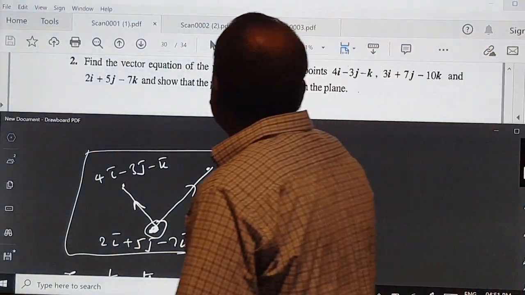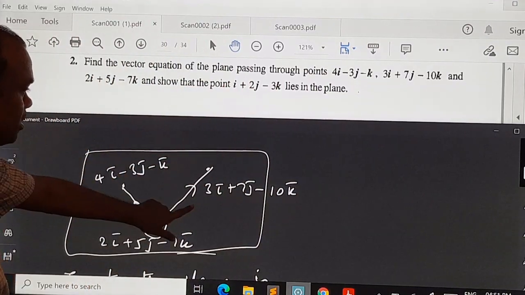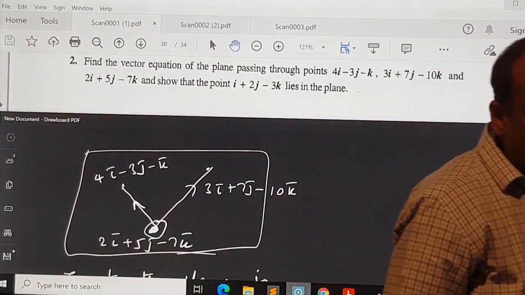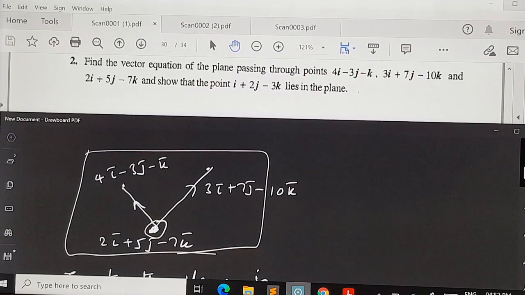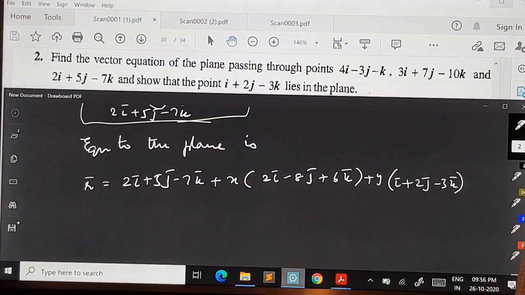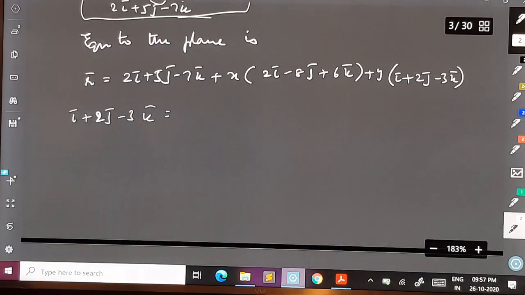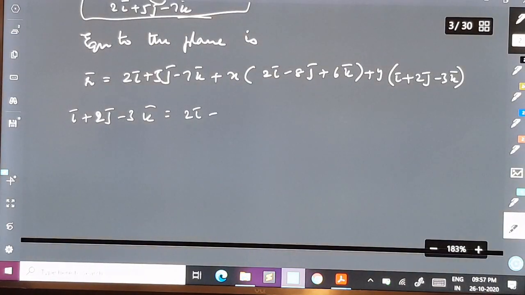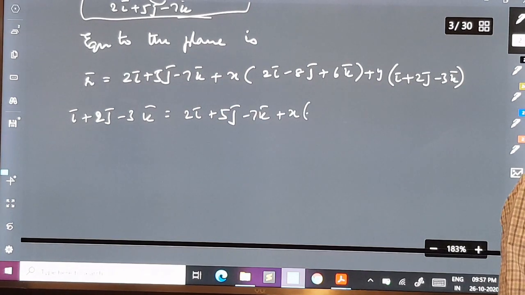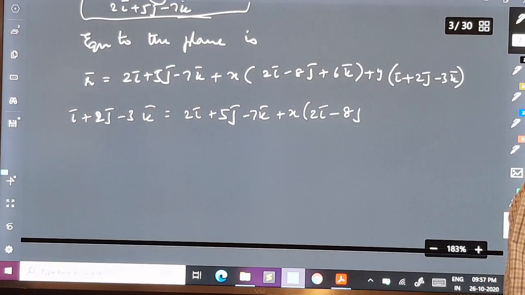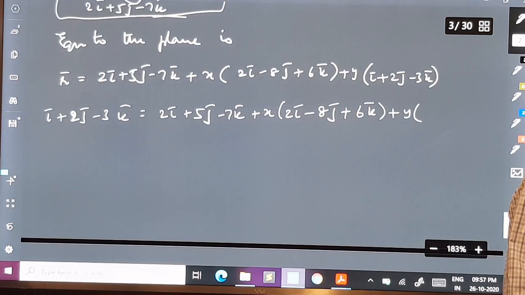We have to prove that this point also lies on this plane. So we substitute this point in the place of r bar. It is i bar plus 2j bar minus 3k bar is equal to 2i bar plus 5j bar minus 7k bar plus x into 2i bar minus 8j bar plus 6k bar plus y into i bar plus 2j bar minus 3k bar.